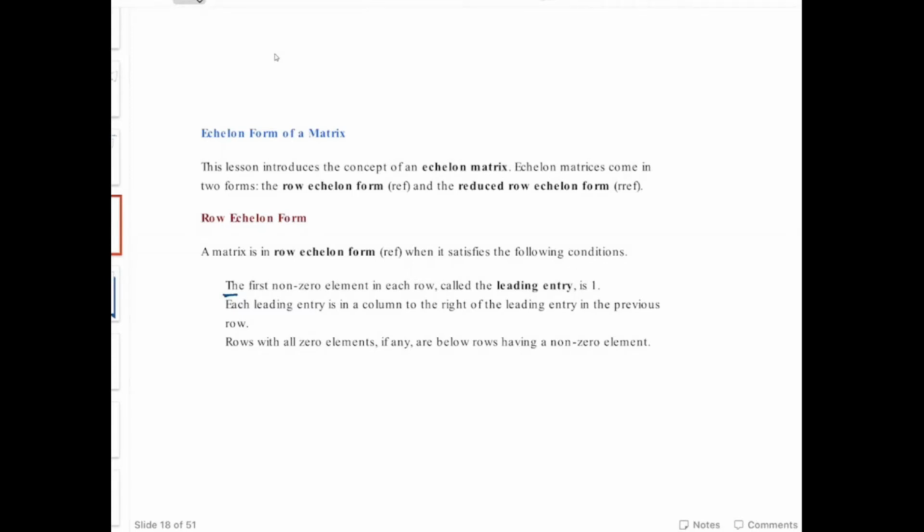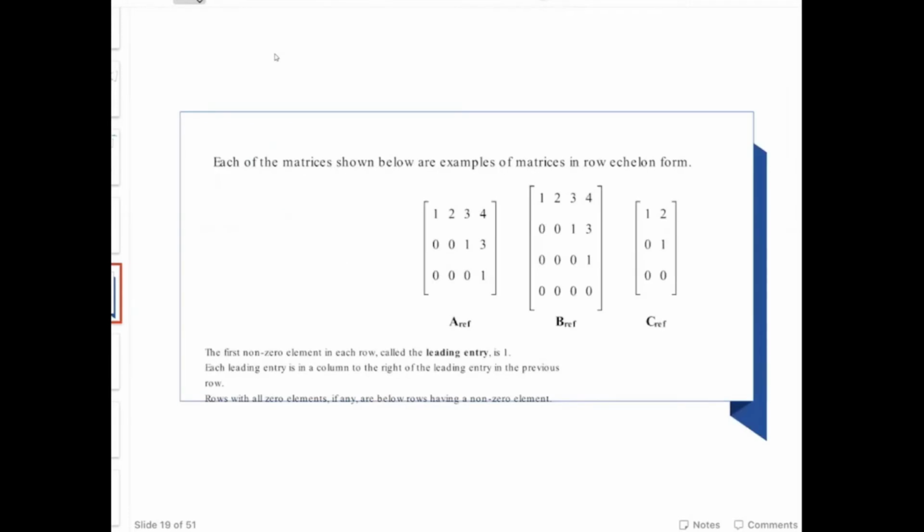What does it mean actually? We have a matrix A ref given here, and B and C that are supposed to be in row echelon form.